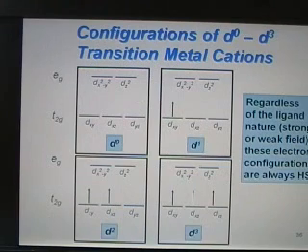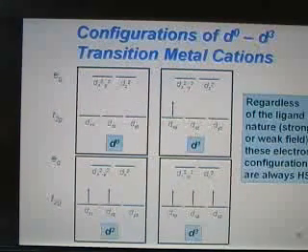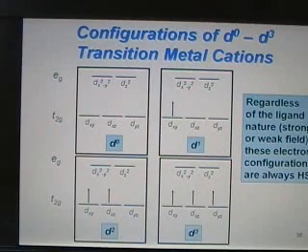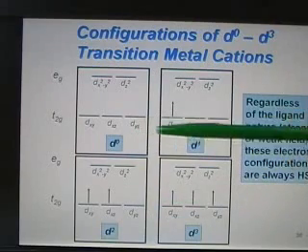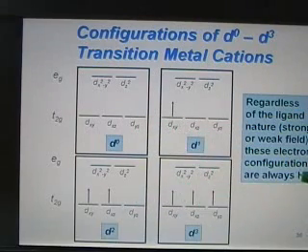Let's look at the fourth factor now and see how it affects whether you have high spin or low spin. If we look at electron counts D0 to D3, that's what I'm showing in the 4 respective boxes here.